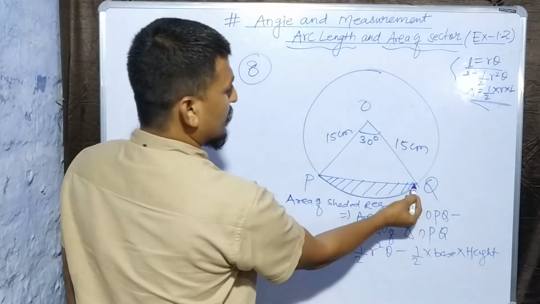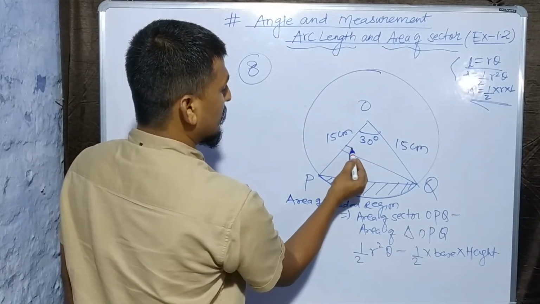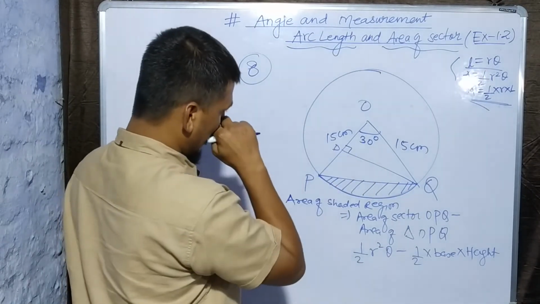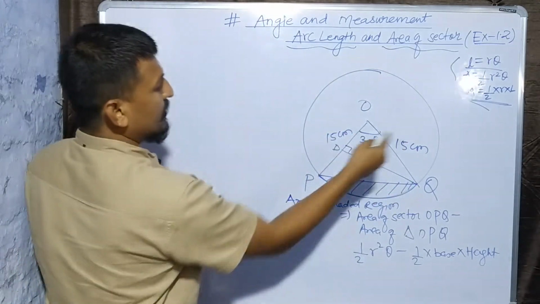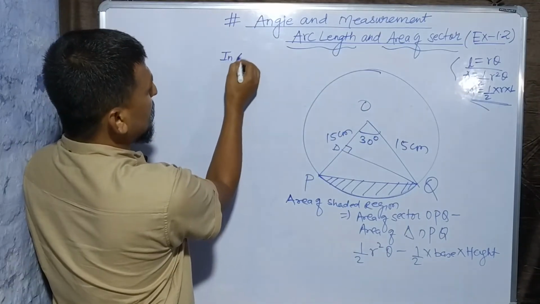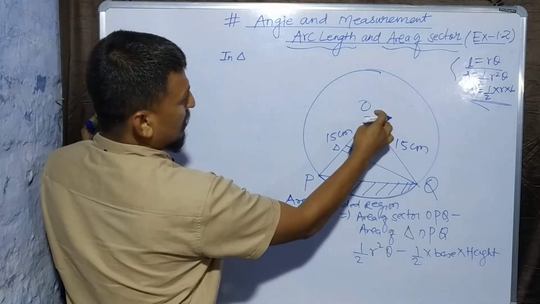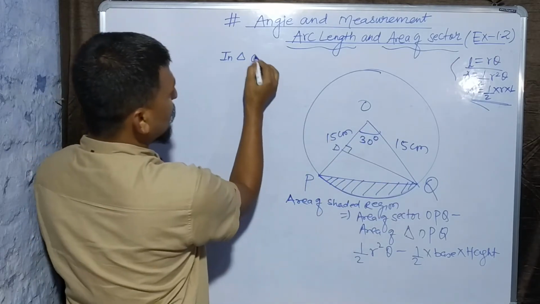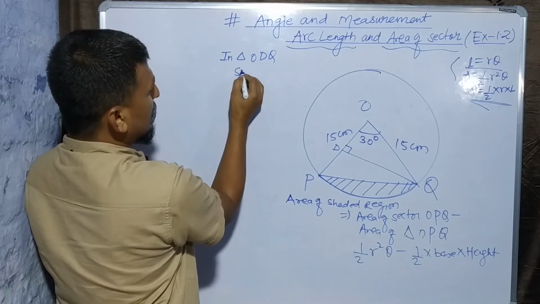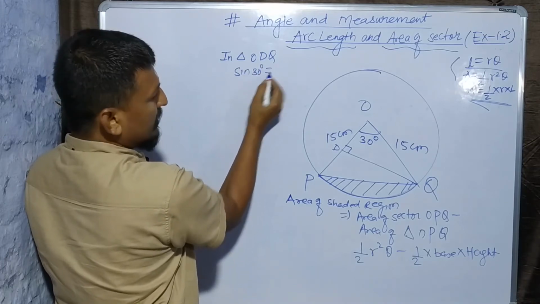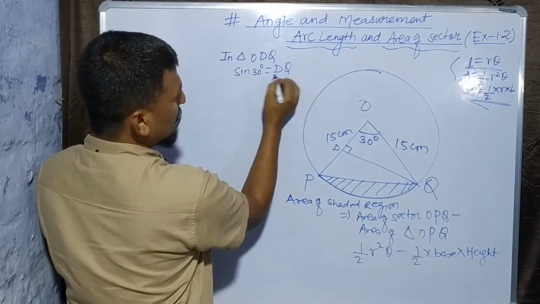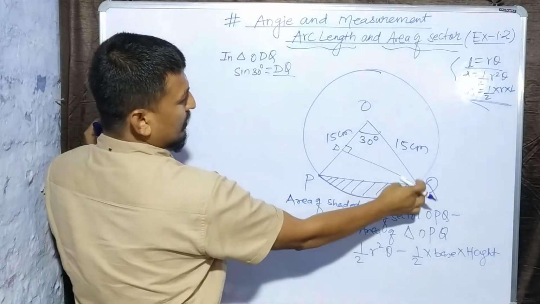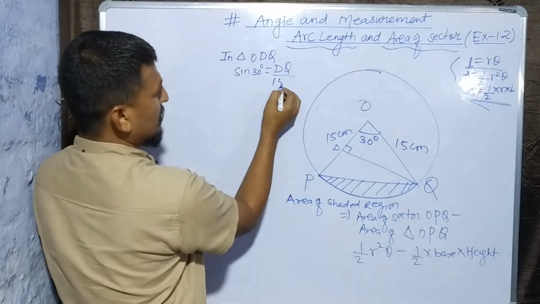Now see, draw a perpendicular here. Suppose this one is D, and we have a right angle triangle. So in triangle ODQ, sine 30 degree means perpendicular DQ by hypotenuse 15.